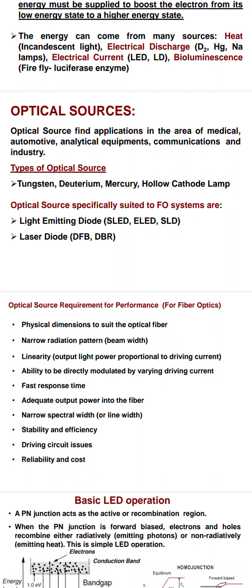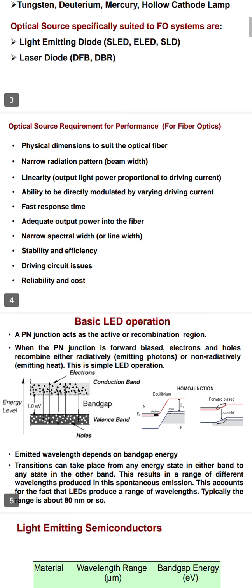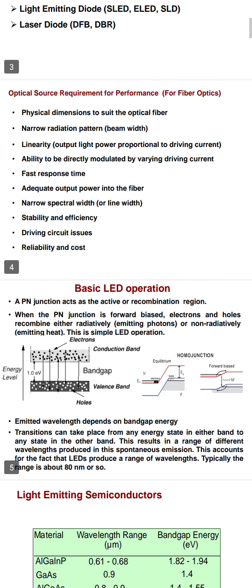Now, these are the parameters that can be used for LEDs, which are the parts of optical sources and the requirements of fiber optic cables. These include the physical dimensions, narrow radiation patterns and linearity, where the output is proportional to the driving current, and the ability to directly modulate it by varying the driving current, with fast response times.